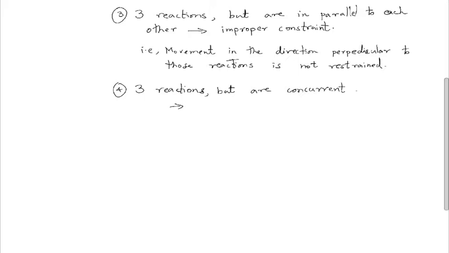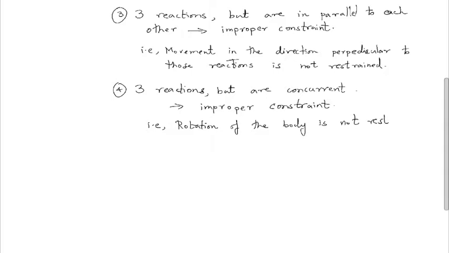And this would mean that you'd still have improper constraint. And the movement that is allowed in such a condition would be the rotation. So the rotation of the body is not restrained.